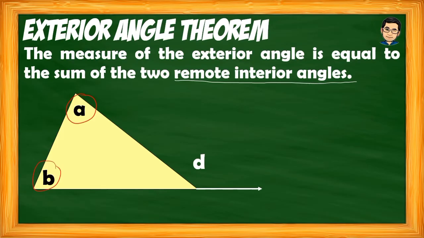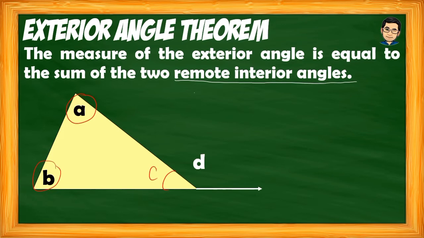So, itong katabi niya, like for example, ito, angle C. So, we cannot consider angle C as a remote interior angle. It's because corresponding interior angle kasi siya ng ating exterior angle which is D. Now, kung kukunin natin yung sukat, ganito ang lilitaw.